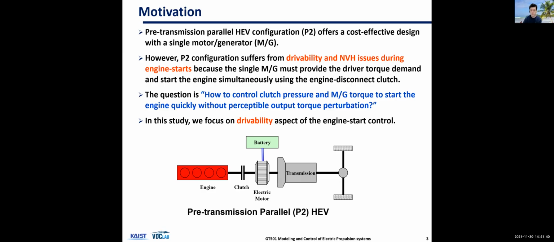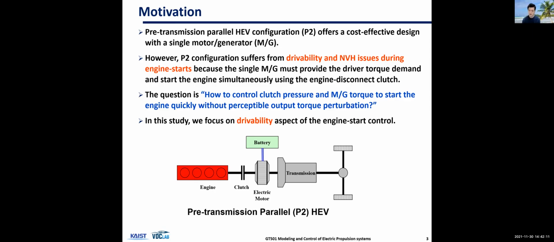So that's another plus. But one of the major drawbacks of P2 hybrid is engine start problem. Please try to visualize what's going to happen when you go from EV mode to hybrid mode. When this powertrain is running in EV mode, the clutch is disengaged, so you can neglect engine, right? Engine is not moving at all, and then electric motor is going to be driving the vehicle, right?